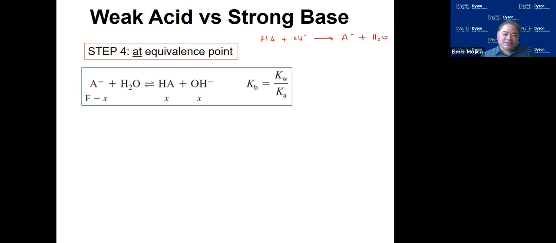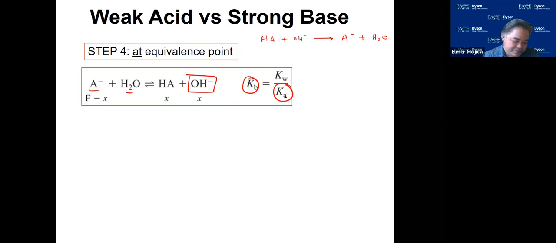So when it behaves like a salt, this reaction is reversed. So when this reaction is reversed, you have this. And since you have a hydroxide there, you're going to determine the Kb. And remember, the one that is given is Ka, the pKa. So at this point, you're going to determine the hydroxide concentration to get the H plus, which will give you the pH.